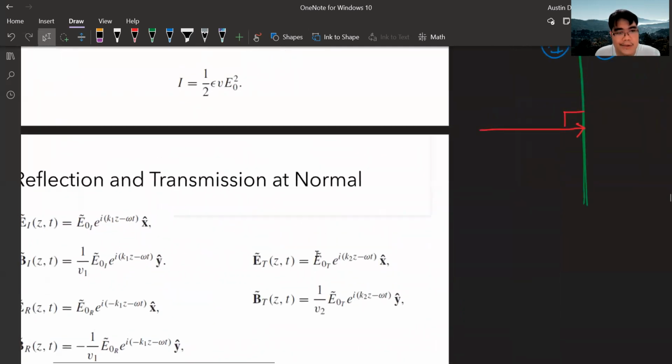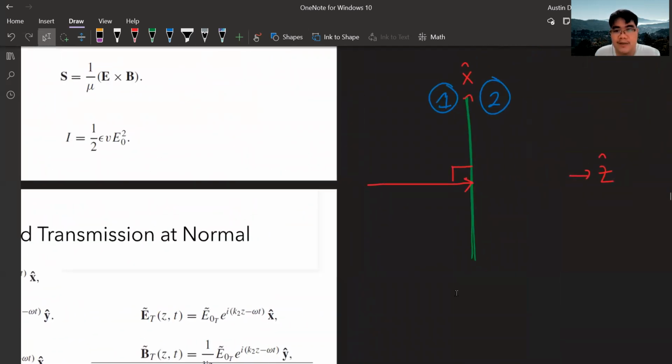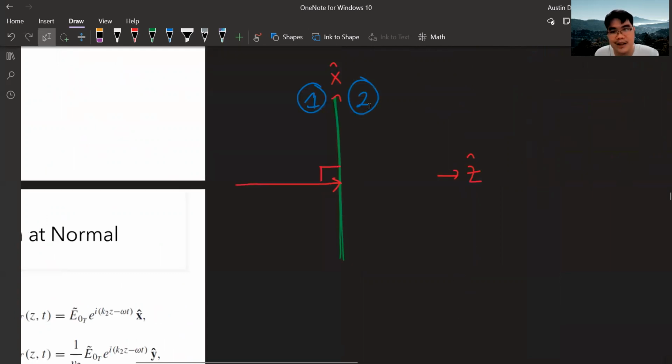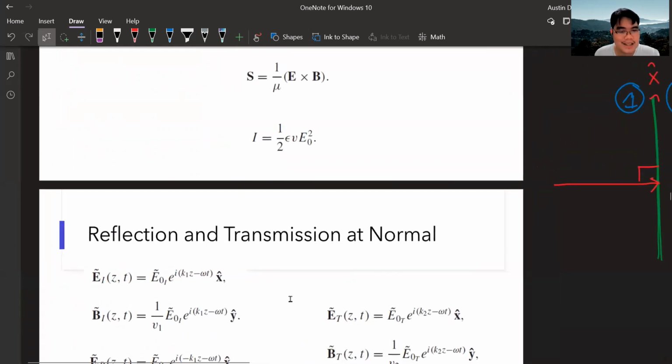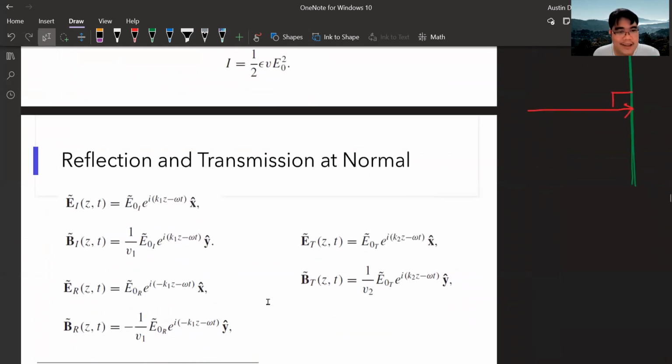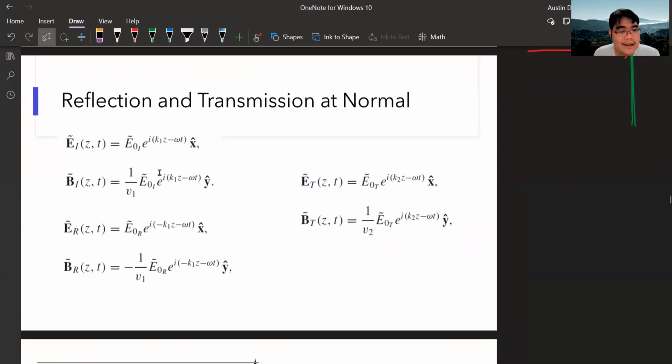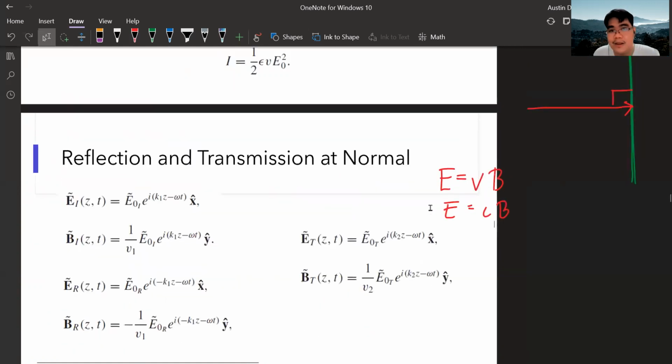I-assume natin na yung wave natin is polarized in the x direction para madali. Pwede naman natin i-rotate yung system para maging y yung polarization, pero wag natin kahirapan sarili natin. Doon na lang tayo sa intuitive sa atin. Okay? So ayan, very straightforward naman. Alam naman natin na E would be V B. So, kanina vacuum kasi, kaya naging E is equal to C B. Ngayon, meron ka ng specific velocity whenever you're in some kind of medium.